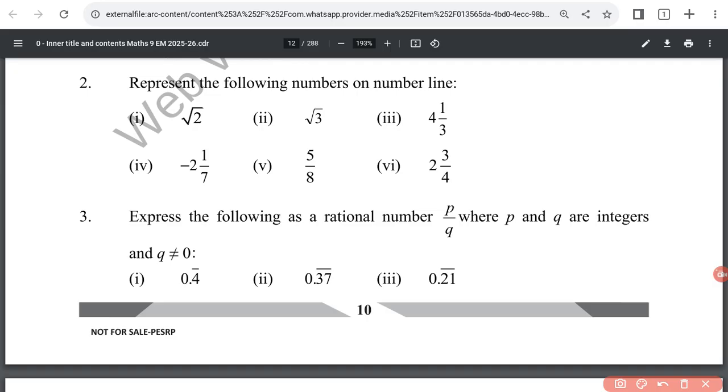So we draw a number line here. For example, this is our number line.